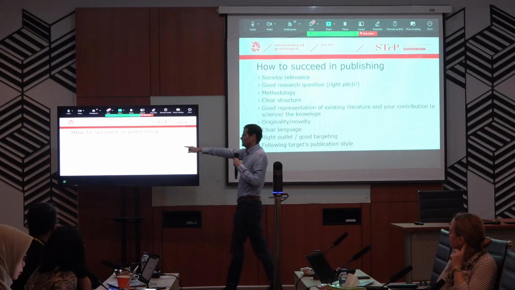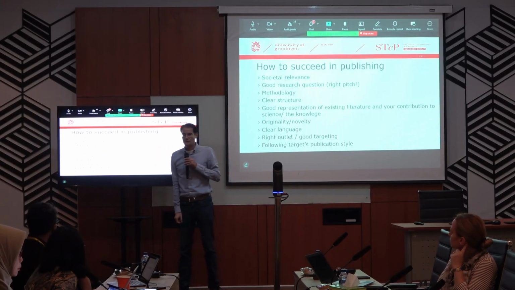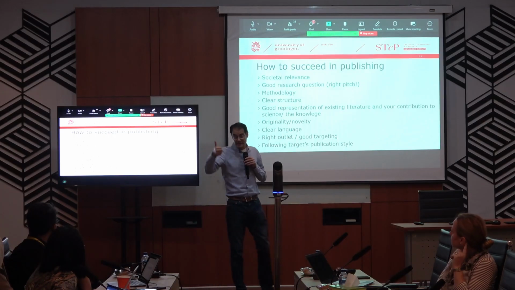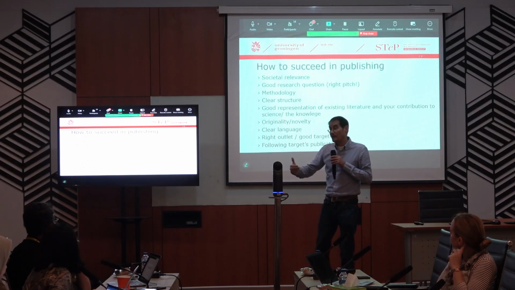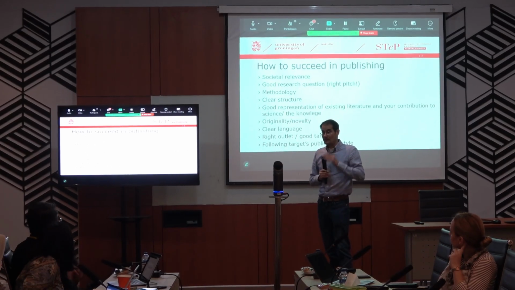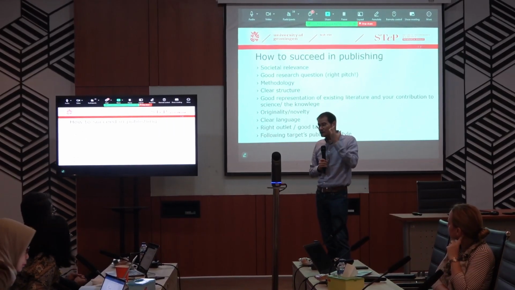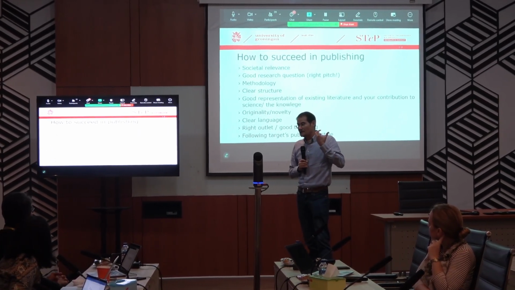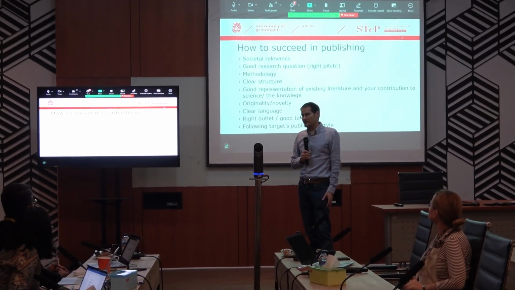Once you have the methodology, the most important thing becomes the structure. Reader guidance, the red line through the paper that you're writing. Because this keeps people on track. This explains in a lucid way how you guide the reader.